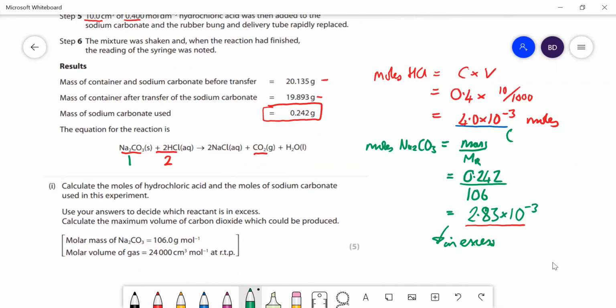You need 4.56 times 10 to the minus 3 moles of acid, and we haven't got that much. So the sodium carbonate is in excess.